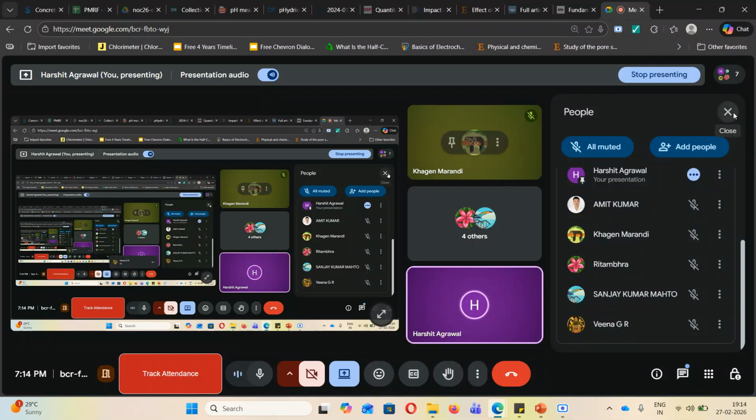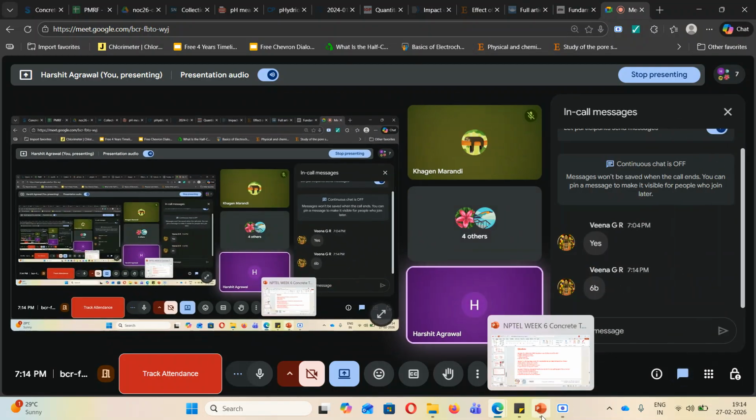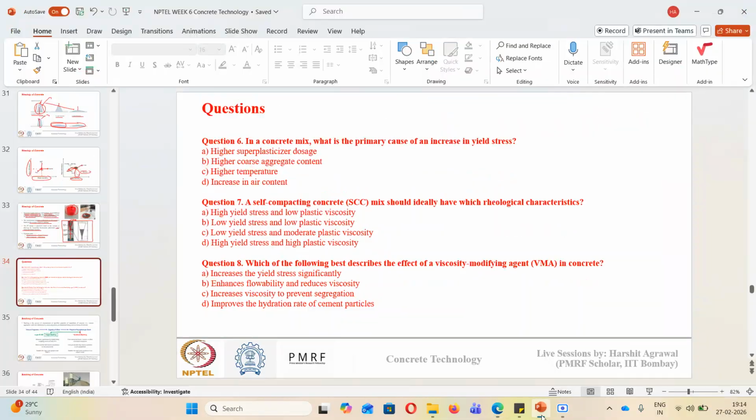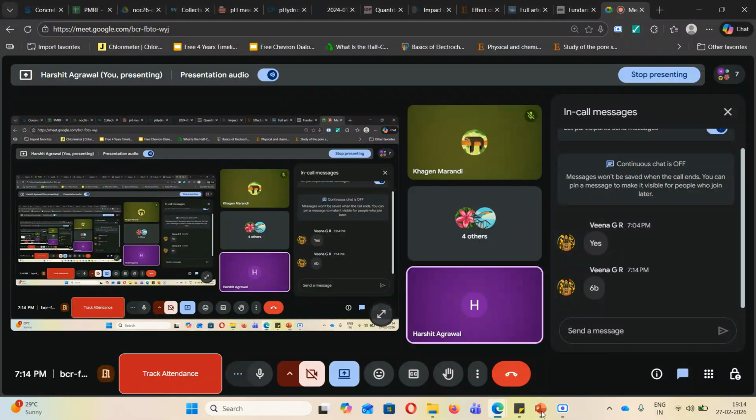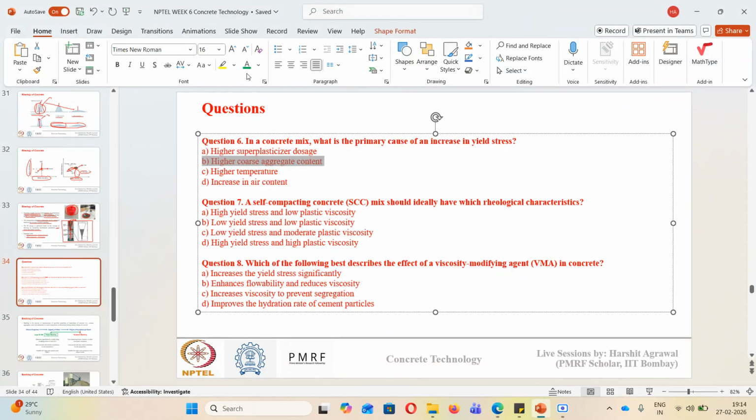Can you tell me the reason why option B is correct? Okay, correct option is B only.